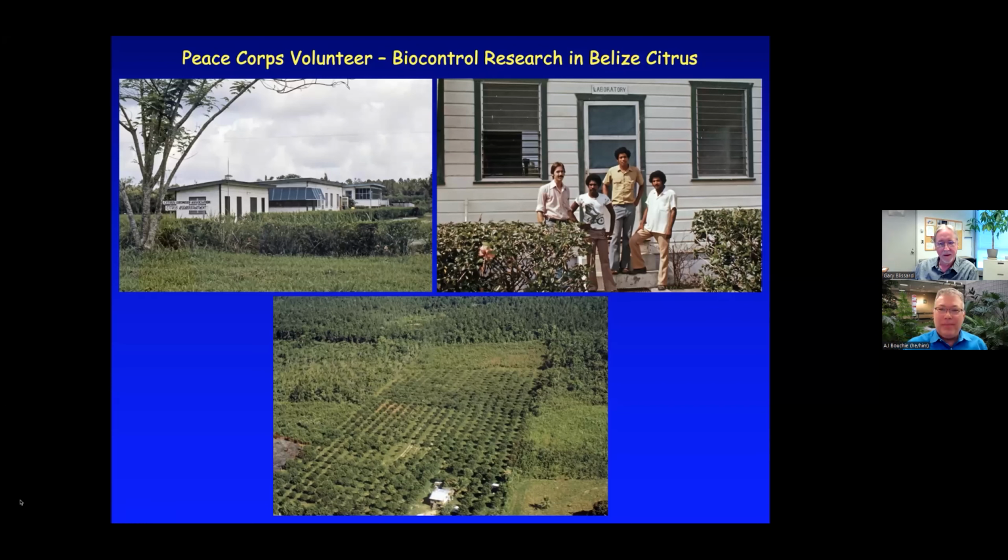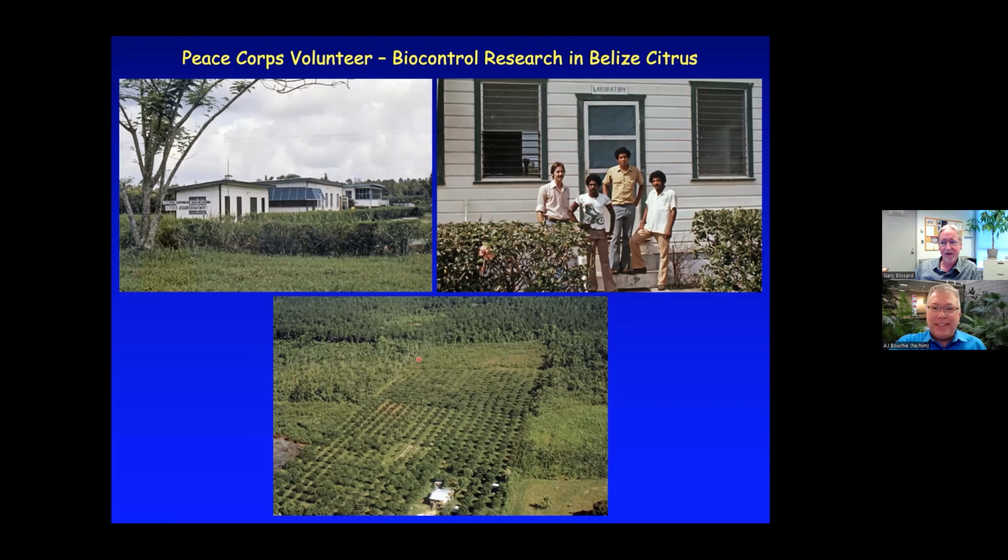Yep, we see them. This is just a picture of my time at Belize and the Peace Corps. Very fond memories there. Our research station is on the left here. This is a young me in my early 20s and the staff of our research group at the Citrus Research Station, and some citrus there.